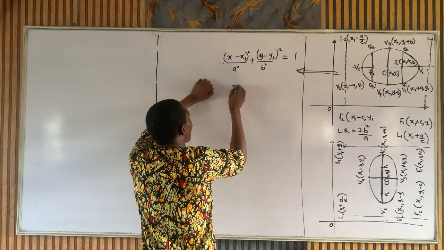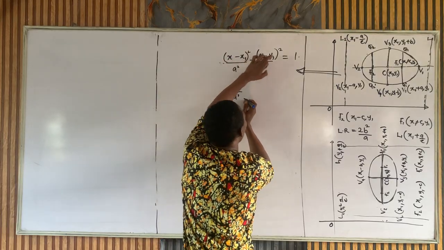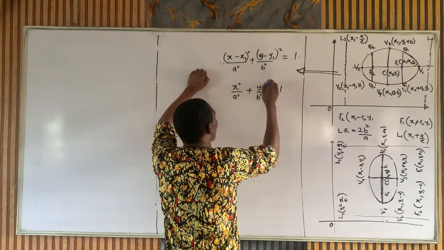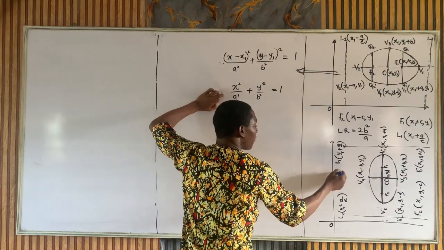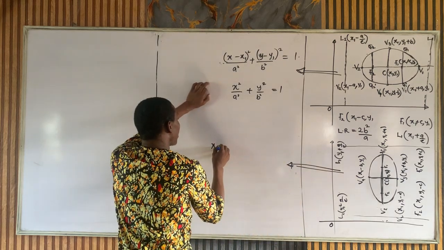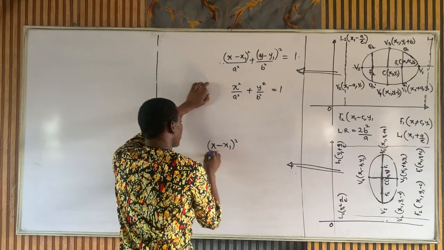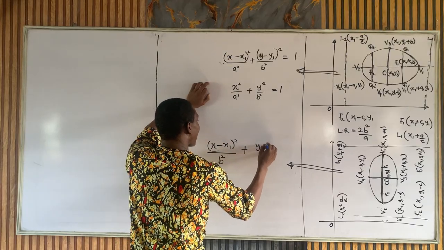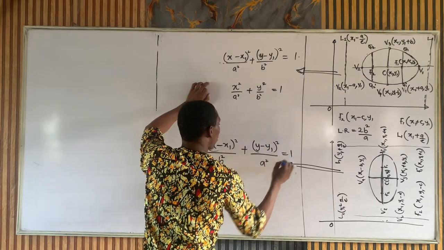This will become x squared over a squared, because x1 is 0, and your y1 is also 0, so that will become y squared over b squared equal to 1. This is what it will become if the center is at the origin. For this other ellipse, the equation is giving us (x minus x1) all squared over b squared plus (y minus y1) squared over a squared equal to 1.